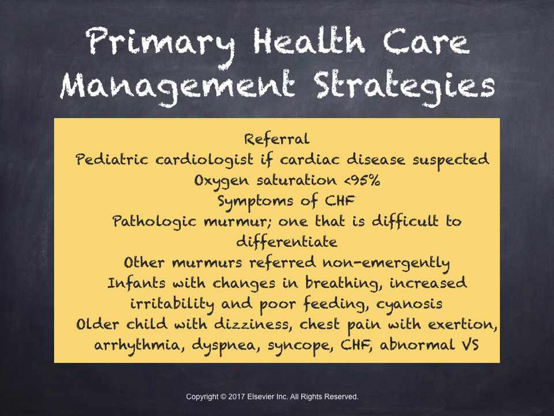It includes any murmur that occurs in diastole, any murmur that is grade 3 or above, a murmur that's associated with radiation, that is associated with a click or a snap, a fixed split S2 that does not change with position. Those are all potential signs of pathologic murmur. So those should be referred.